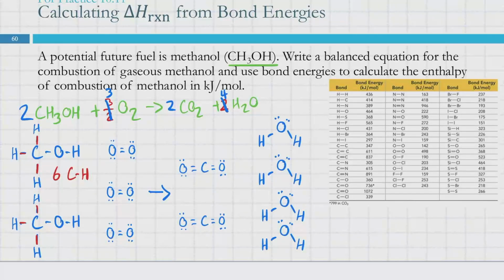We also have CO bonds, 2 CO bonds, and we've also got 2 OH bonds, and that's just our methanols. Then we've got 3 oxygen-oxygen double bonds. We're using the red here.